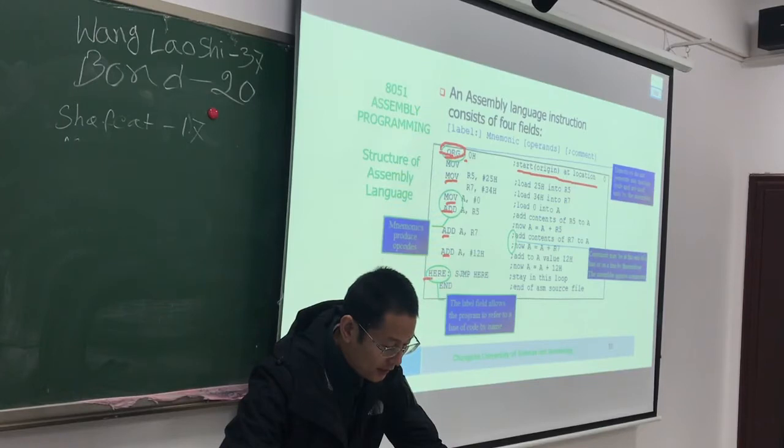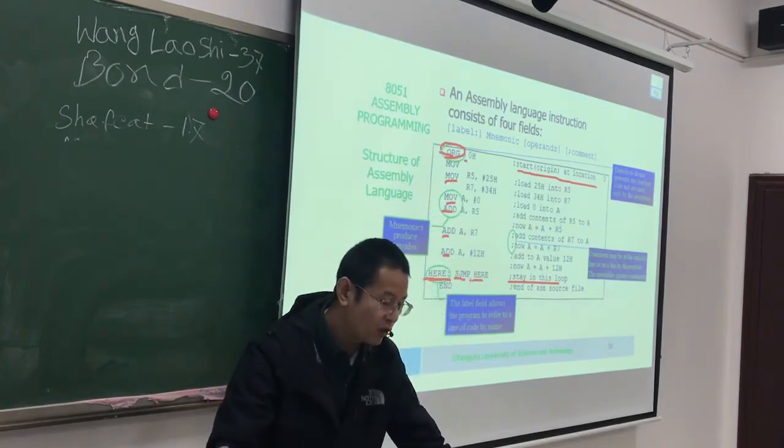Here is a label. A label is followed by two points. Here is SJMP, which means stay in this loop.